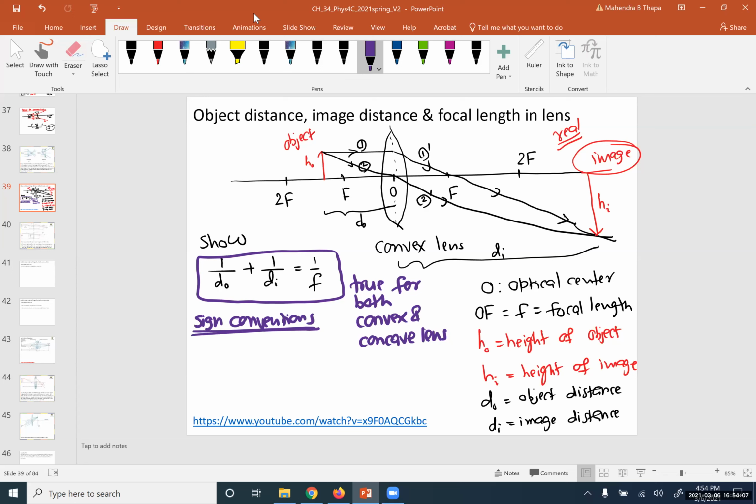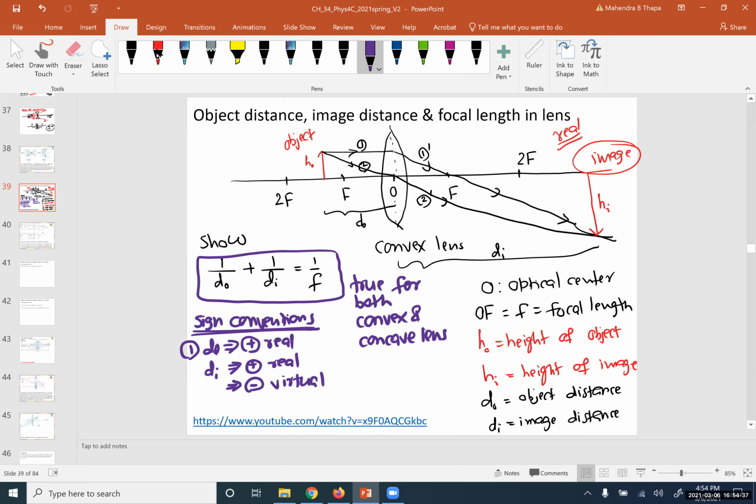We are assuming d naught is positive for a real object, and di is also taken positive if it is real, but we take the di value negative if it is virtual.